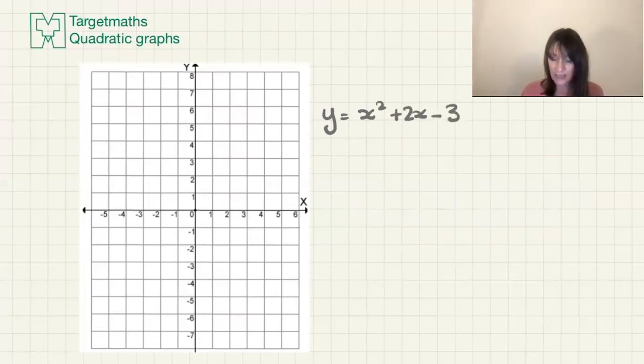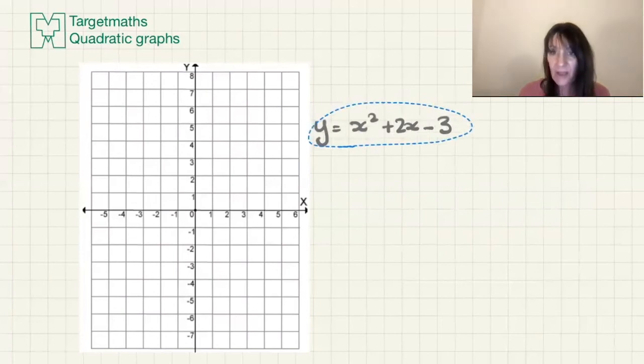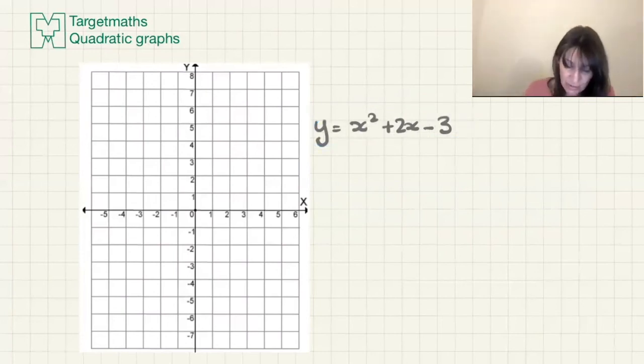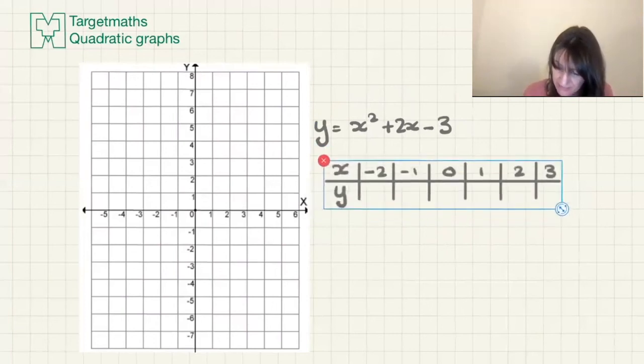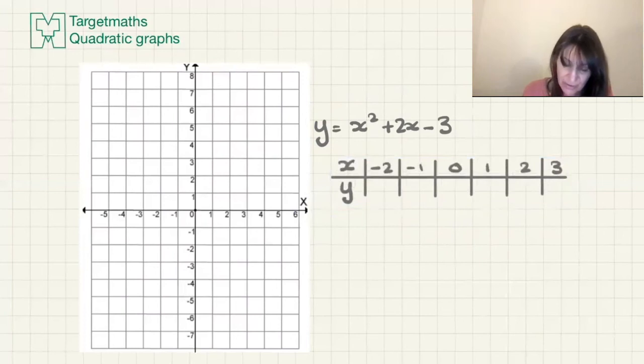So there's quite a lot going on with that. Same values, we'll do -2 to 2, okay? So I'll just set the table up, -2 to 2, and then just press play once you've had a really good go at that.